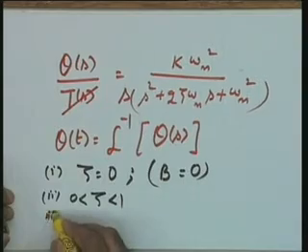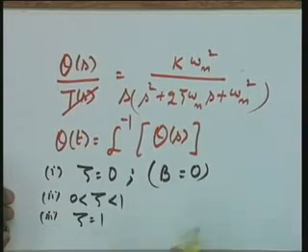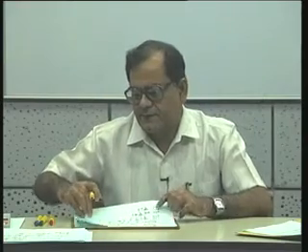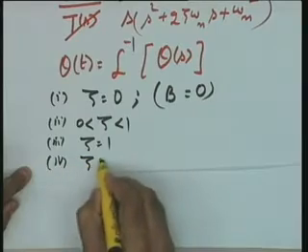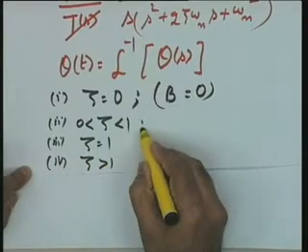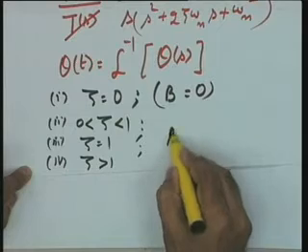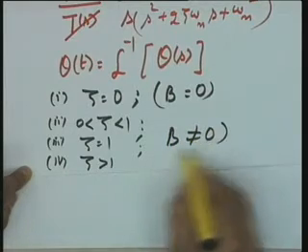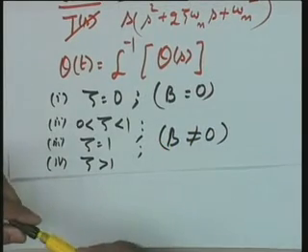The third case I am going to take zeta equal to 1, and the fourth case will be zeta greater than 1, and all these cases correspond to the damped case, that is B not equal to 0. These are the 4 cases I will take, and we will see how the response behaves and how it characterizes the behavior of a control system or a system under consideration.